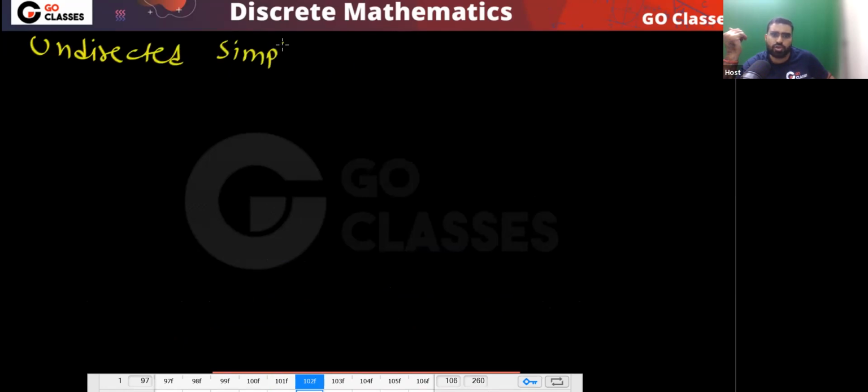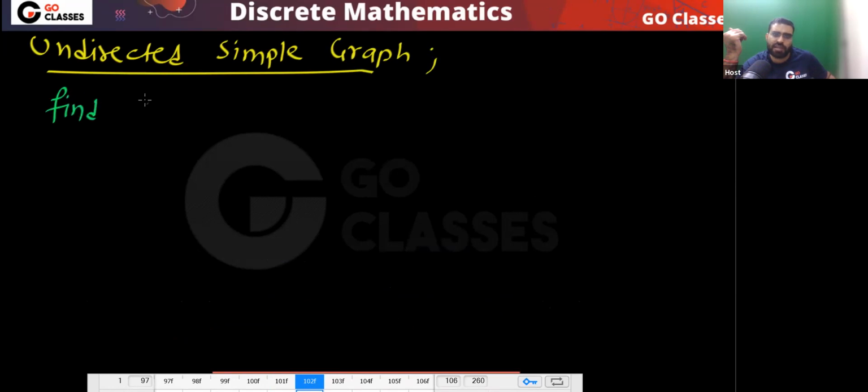Simple graph means there are no self loops. You want to find the degree of every vertex. Then what will you do?